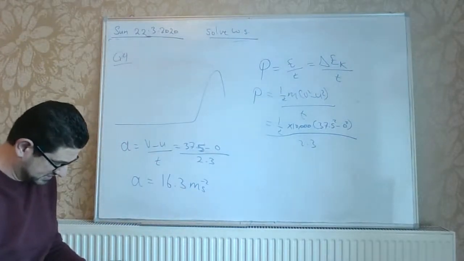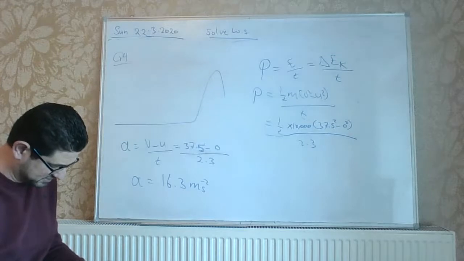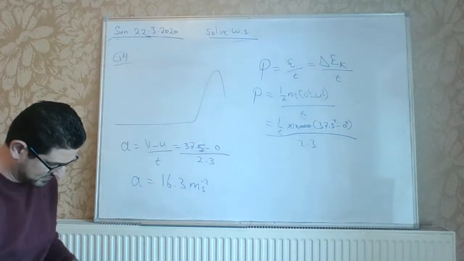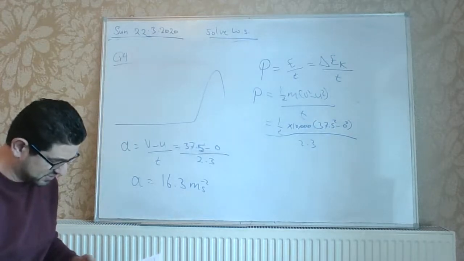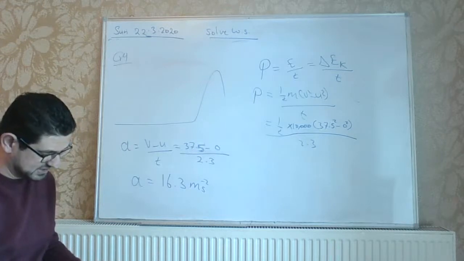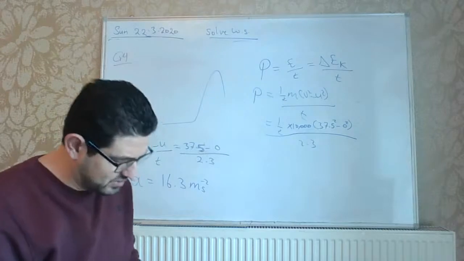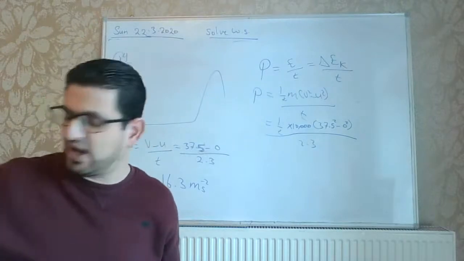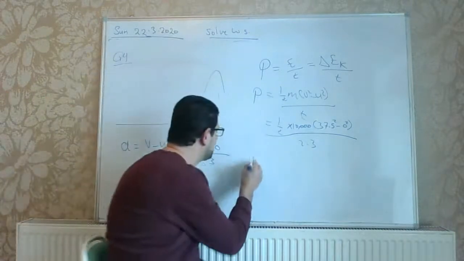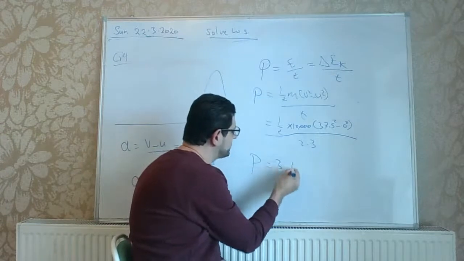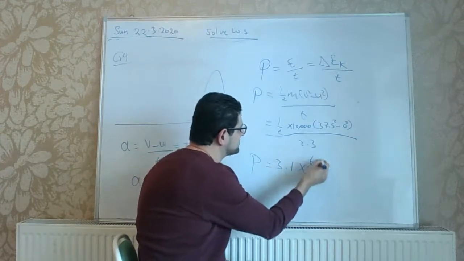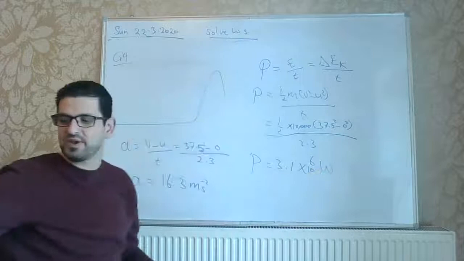Half times 1 2 3 4 times 37.5 squared over 2.3. The answer is 3.1 times 10 to the power of 6 watt, or 3.1 megawatts.